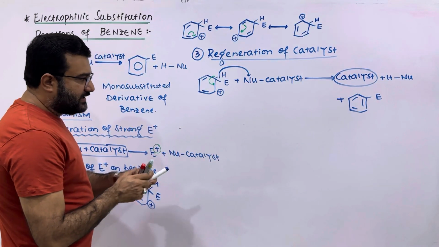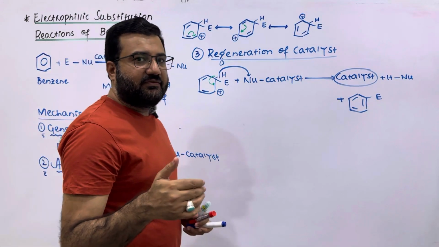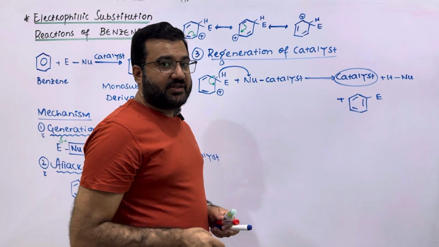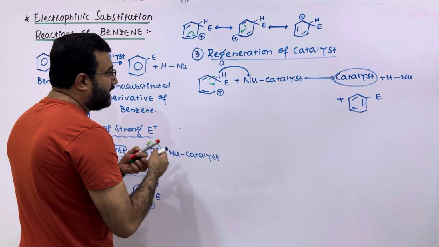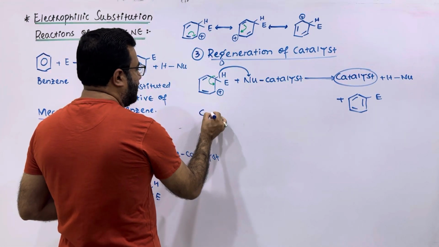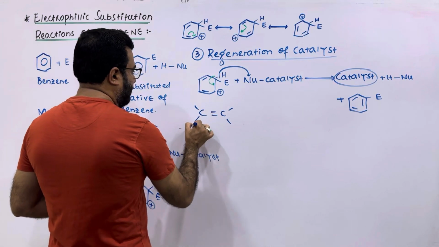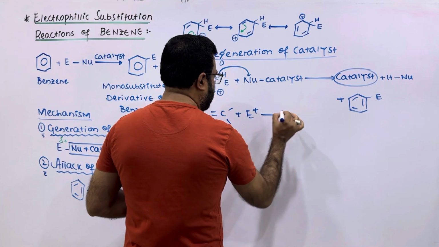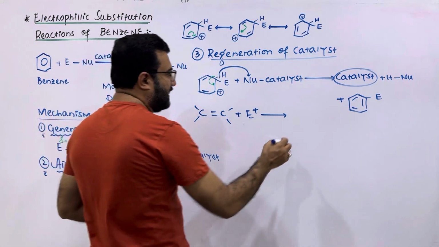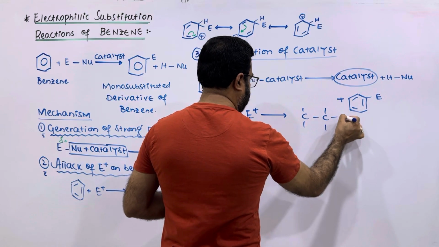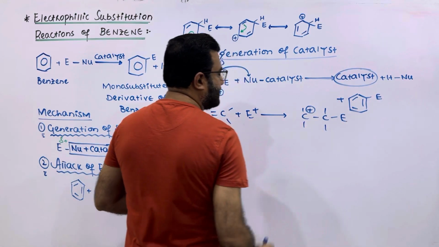Now, my dear students, let us answer that question, why electrophilic substitution reactions are the favorite reactions of the benzene. If we compare the electrophilic addition reactions of the alkene with benzene, the electrophiles also attack the double bond of the alkenes, and in that case carbonium ion is generated.